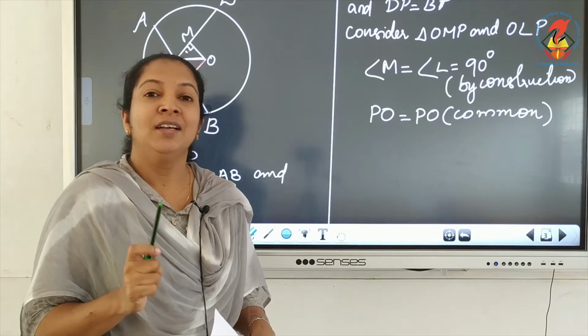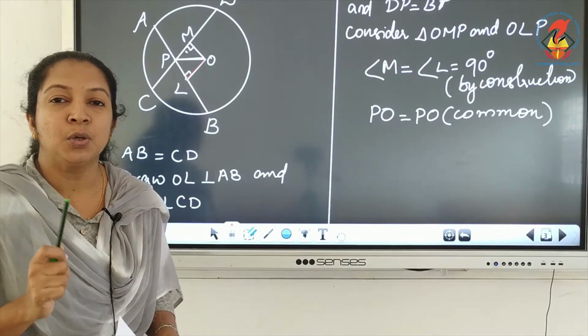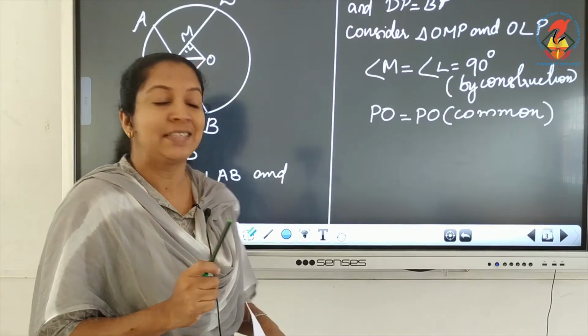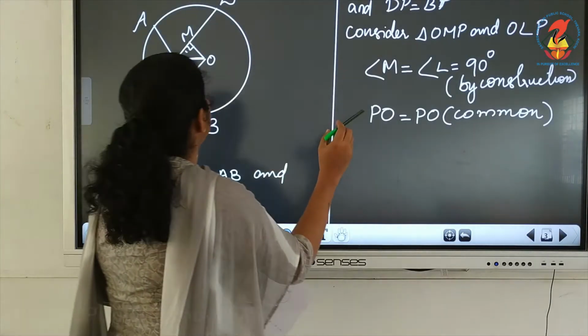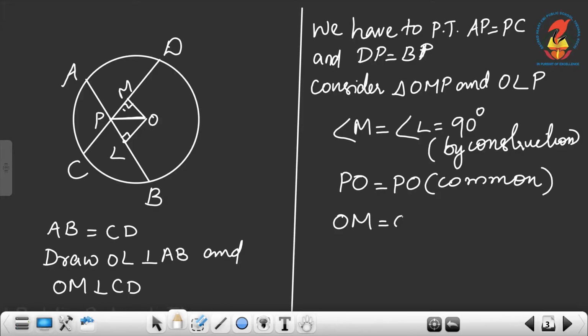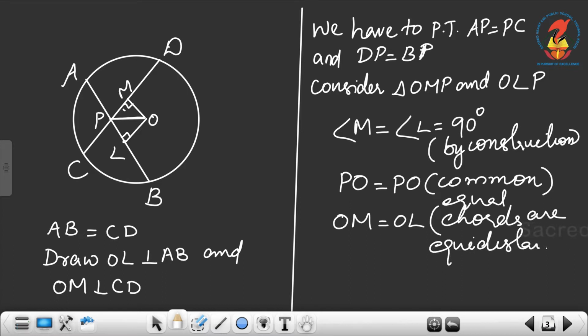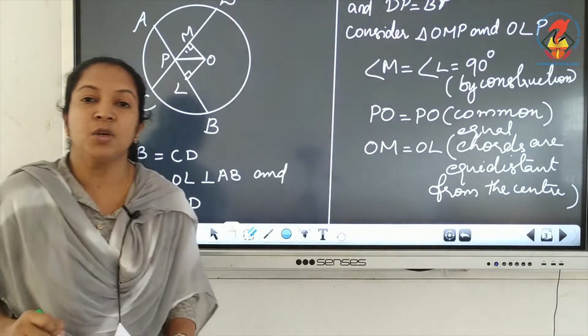Because equal chords are equidistant from the center. So, OM is equal to OL.